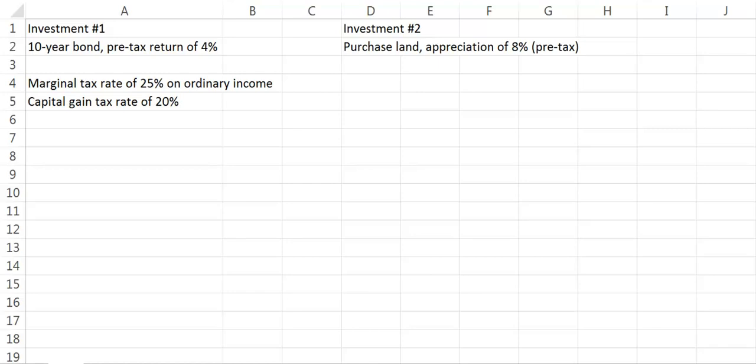The last part of the chapter goes through several examples of tax planning.